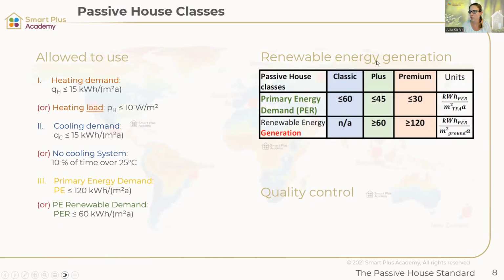Then if we want to achieve our Passive House Plus, we need to be below 45 kilowatt hours per square meter a year in our primary energy renewable demand, and we need to produce more than 60 kilowatt hours per square meter a year. And for our Premium, it goes even lower, below 30, and we need to produce 120. Okay, so those are the different classes. We still have our quality control. The air tightness stays the same at 0.6 air exchanges per hour at 50 Pascal.